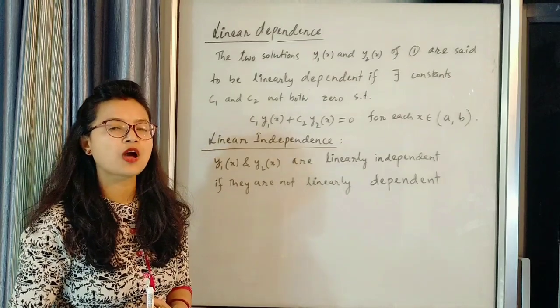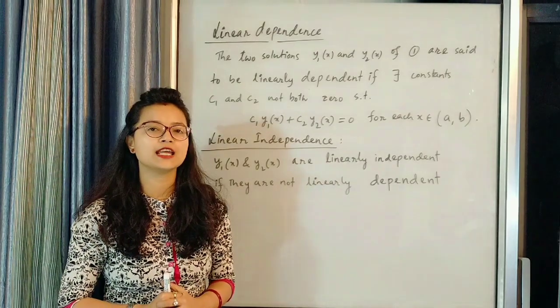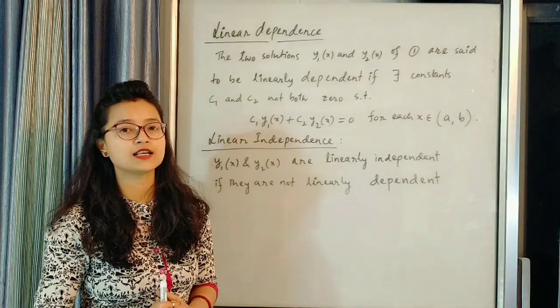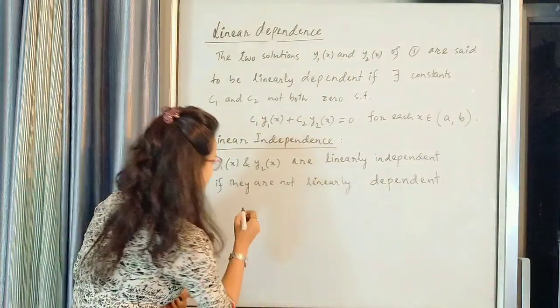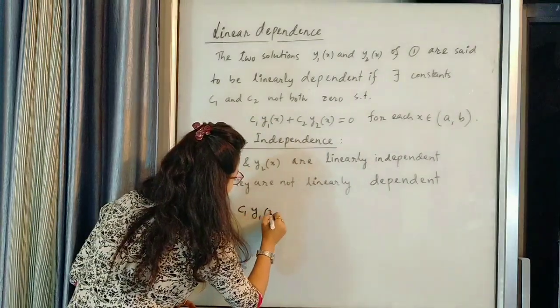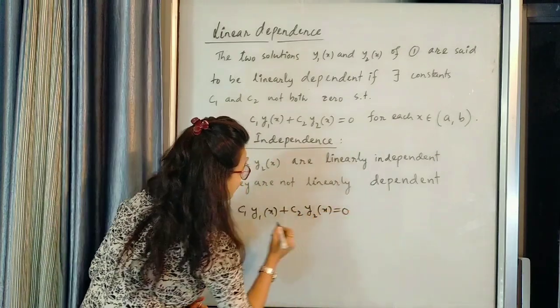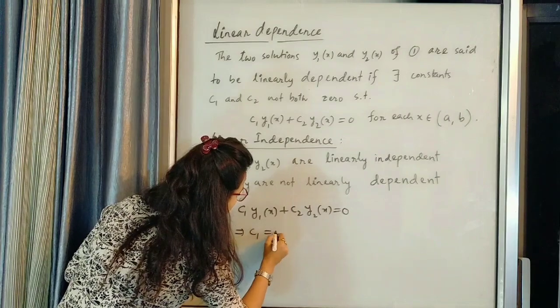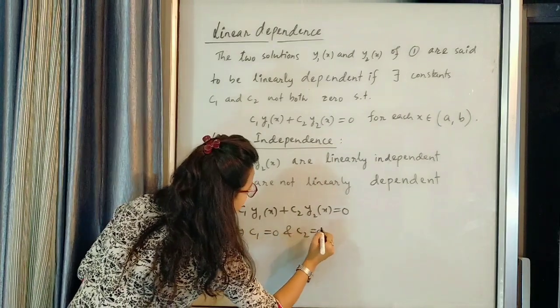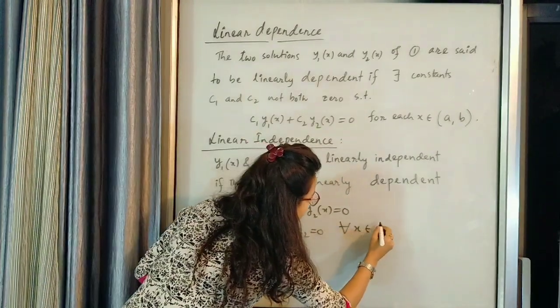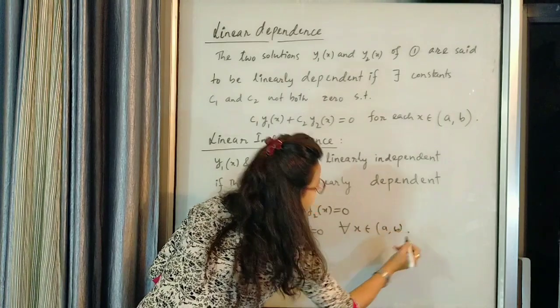And the same solutions y1(x) and y2(x) will be linearly independent if they are not linearly dependent. That is, if c1 y1(x) plus c2 y2(x) equal to 0 implies c1 equals 0 and c2 equals 0 for all x belonging to the open interval (a,b).